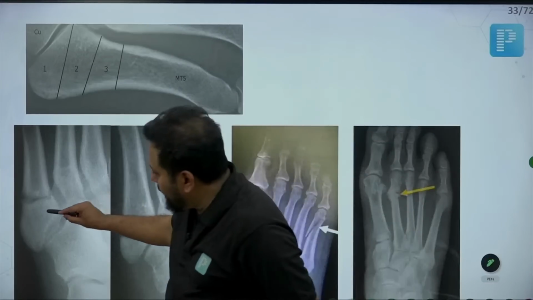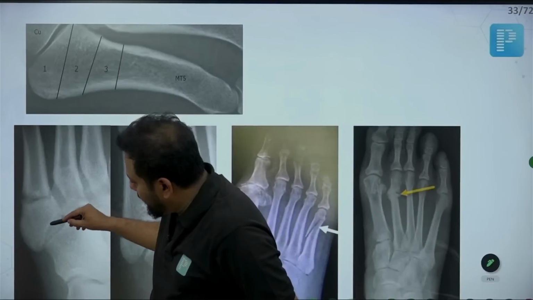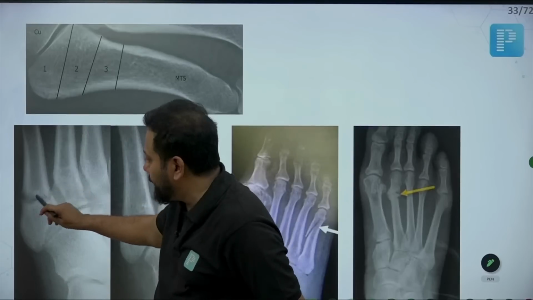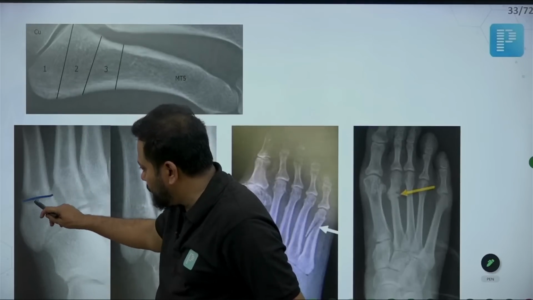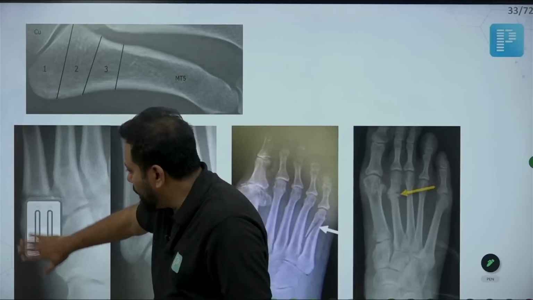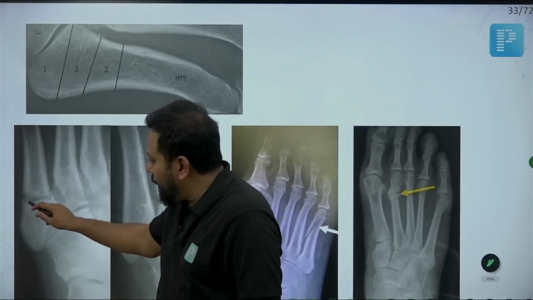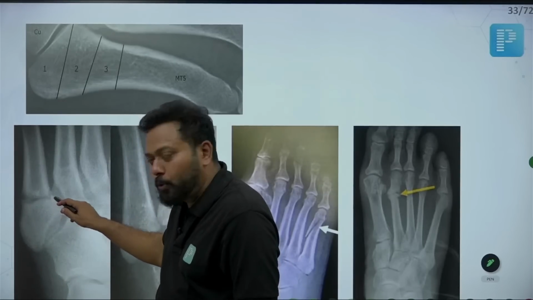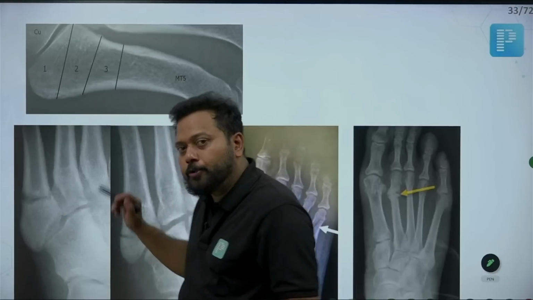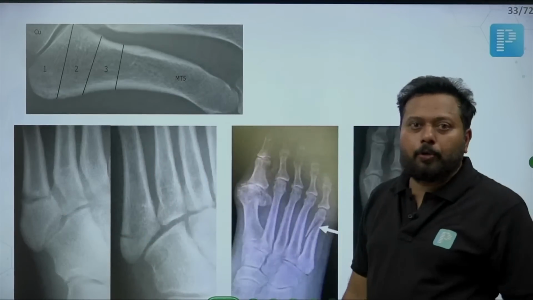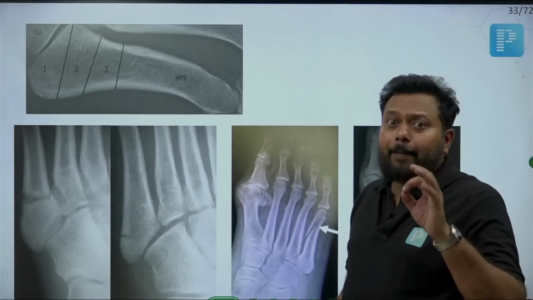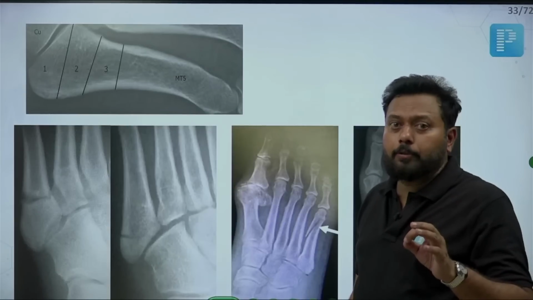Extra-articular, you see here, if this is zone 2, definitely this is far away from the joint. Only the fracture is there, there is no intra-articular extension. Okay, so an extra-articular fracture that is happening in zone 2 is called Jones. What is pseudo Jones? Intra-articular in zone 1 is pseudo Jones.